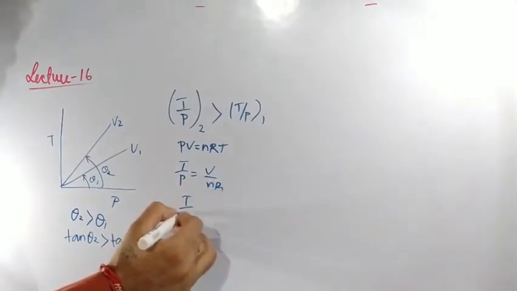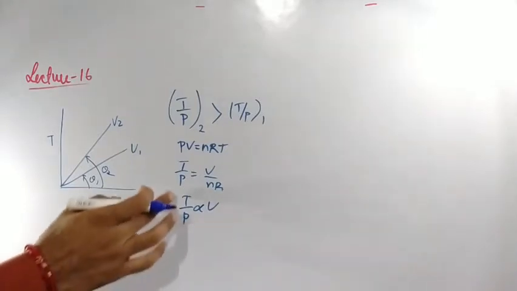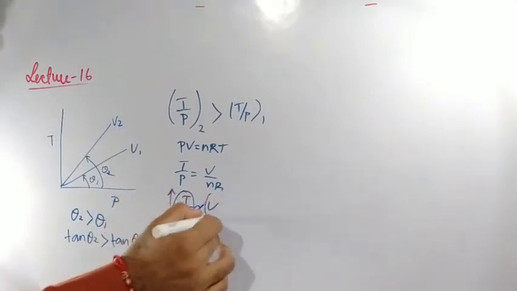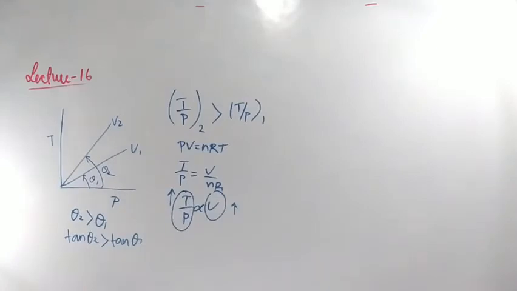So T by P is directly proportional to V. That's why V2 will be greater than V1. If the T by P factor is large, V will be large. T by P is nothing but slope. If slope is greater, volume will be greater. That's why V2 is greater than V1.